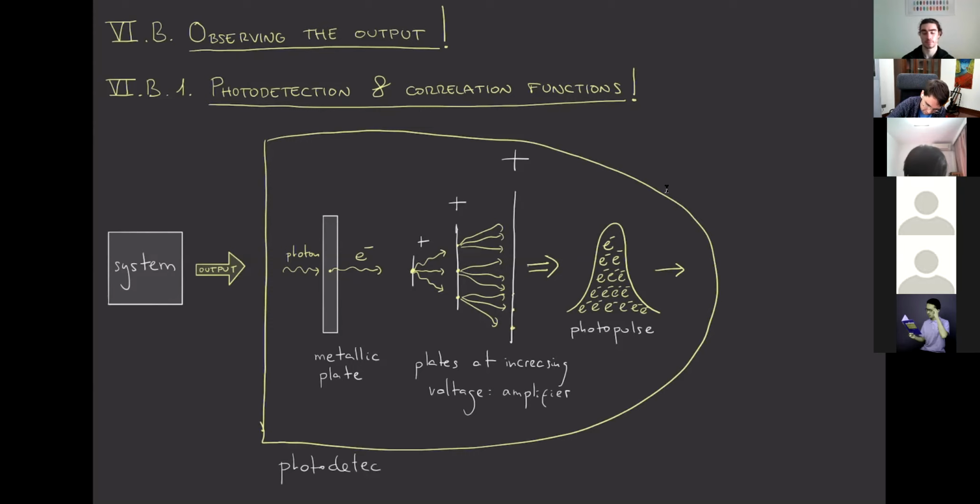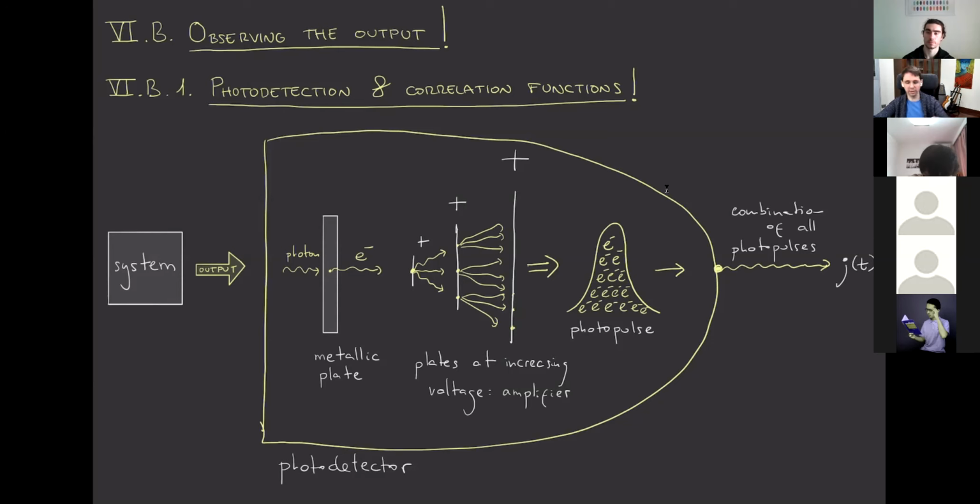Photodetector. Okay, and now once you have the photopulses and you add all the combination of photopulses, this creates finally a current that depends on time, okay?